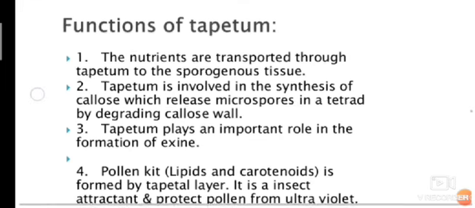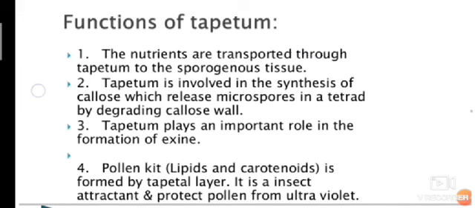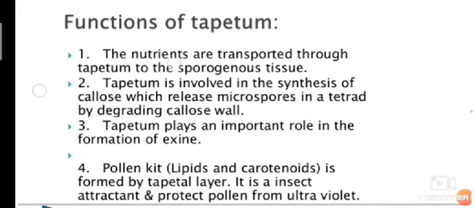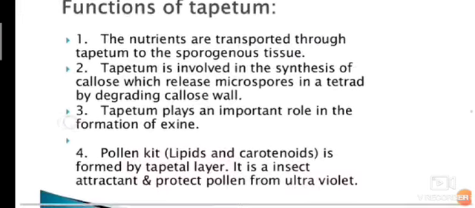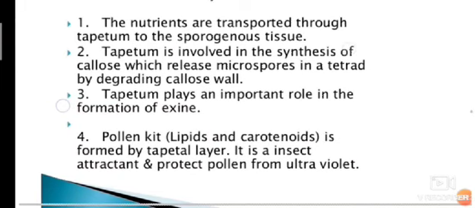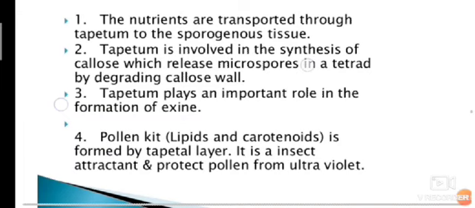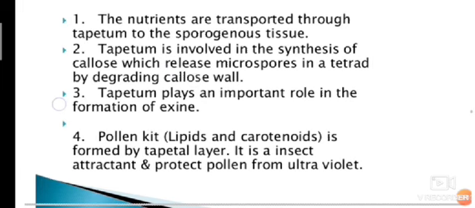Function of tapetum. The nutrients are transported through tapetum to the sporogenous tissue. Tapetum is involved in the synthesis of callase, which releases microspores from the tetrad by degrading the callose wall.